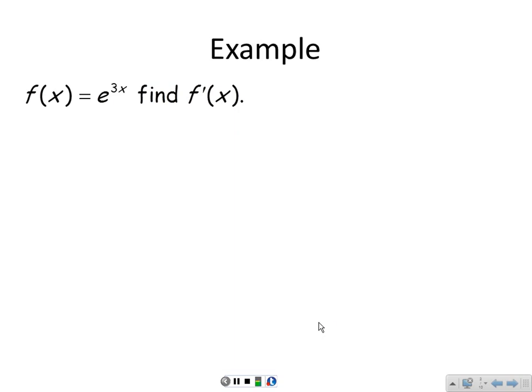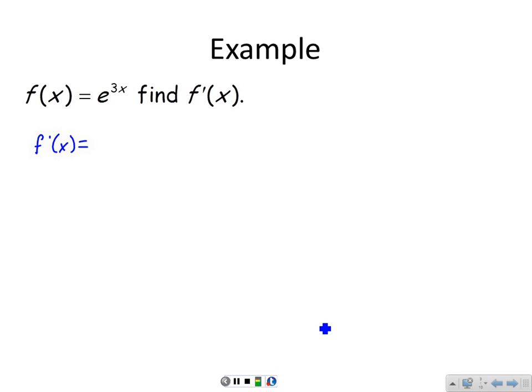For this problem, we have f of x is equal to e to the 3x, and we're going to take the first derivative of it. So f prime of x is equal to e to the u.